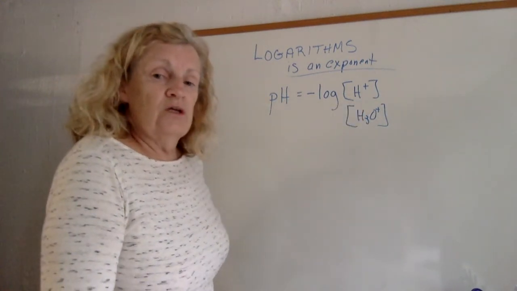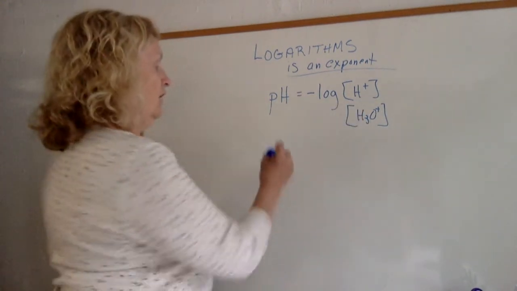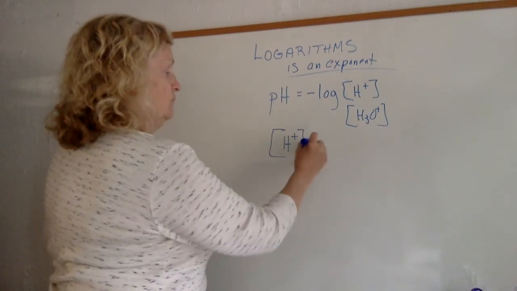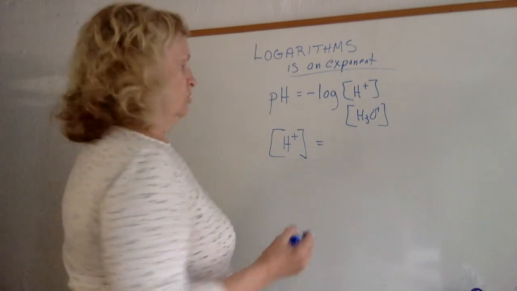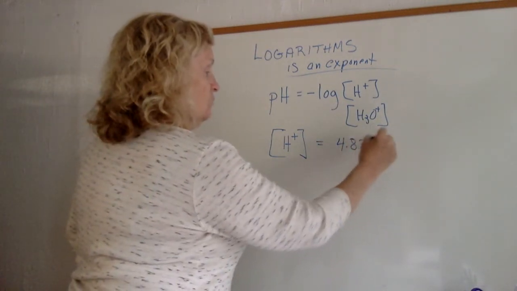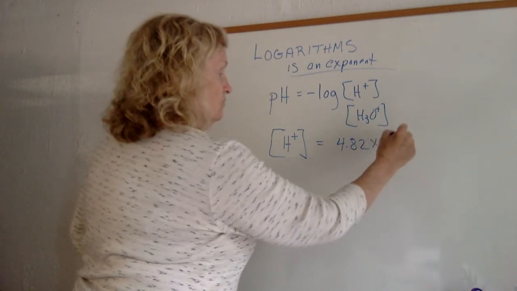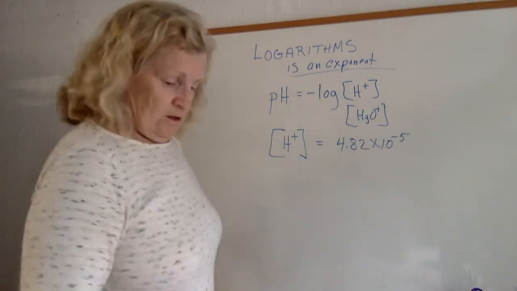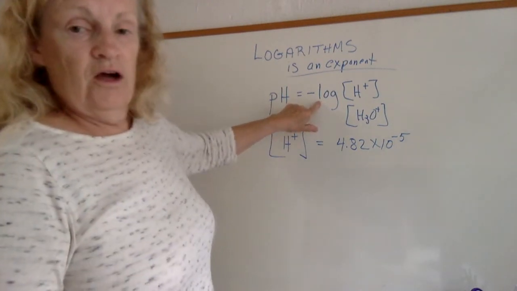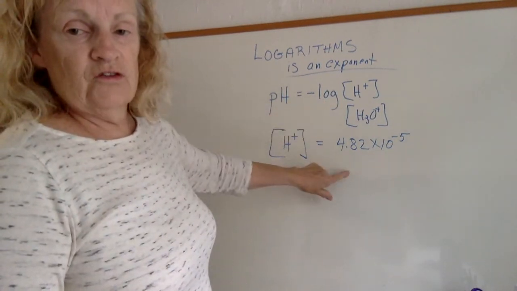These are interchangeable. This is the real species, but this is the shorthand. So let's say that you're given a problem and you're told that the concentration of the hydrogen ion in an aqueous solution is 4.82 times 10 to the negative 5. The first thing I'm going to do is take the log of this number.